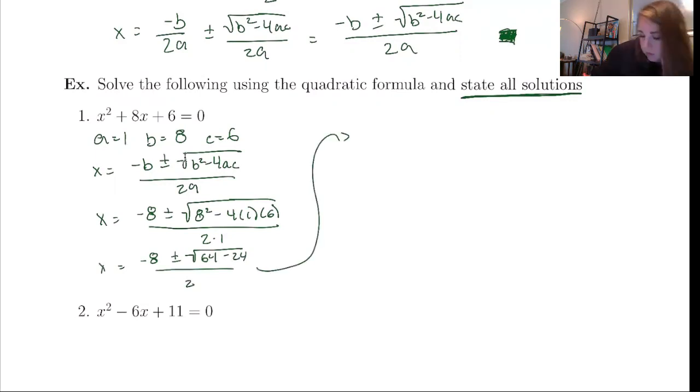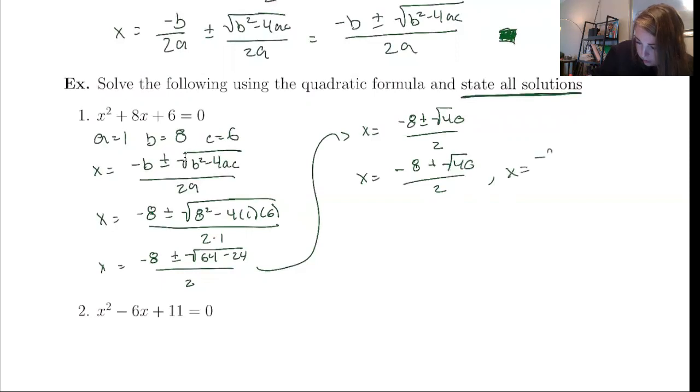So x equals negative 8 plus or minus the square root of 40 over 2. So I have x equals negative 8 plus root 40 over 2, and x equals negative 8 minus root 40 over 2. So I have 2 solutions here. That's cool.